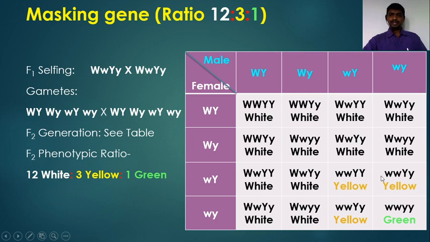So here the two genotypes, that is small w w capital Y Y, and another one, small w w capital Y small y, give the yellow individual. This third one is also similar to the second one. So the three individuals having the genotype of small w w and a dominant Y allele produce the phenotypic expression of yellow color.